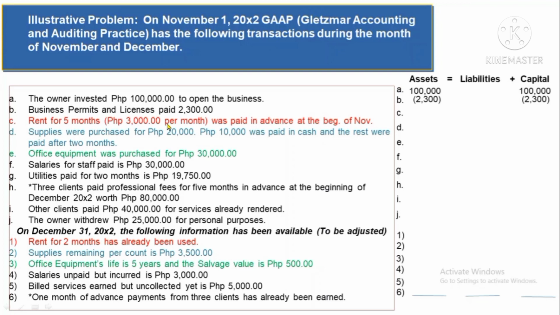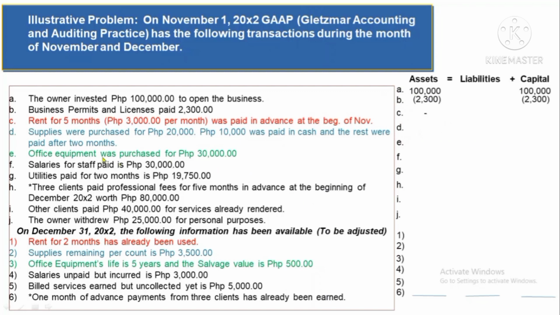However, the deferred expense or prepayment, or in this case, it is better to call it prepaid rent, is also increased by 15,000. Remember, deferred expenses are also considered as assets, so they offset each other. That is why, in this transaction, there will be no effect on the total assets.